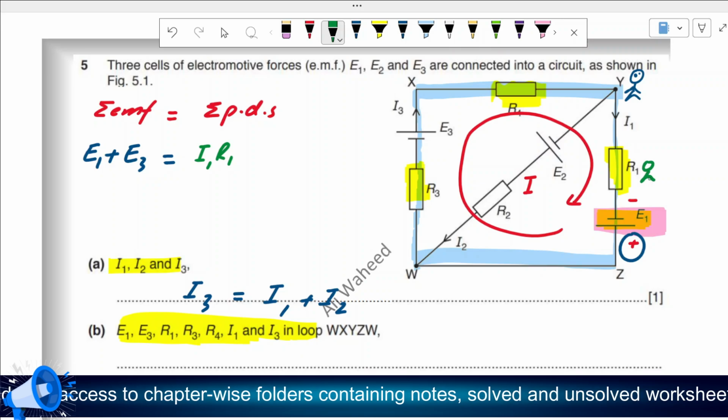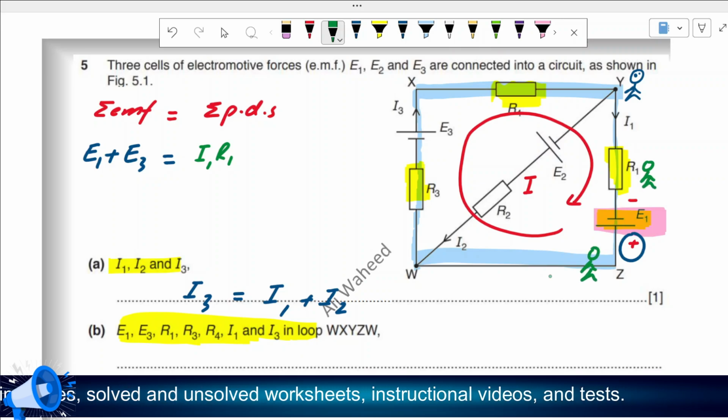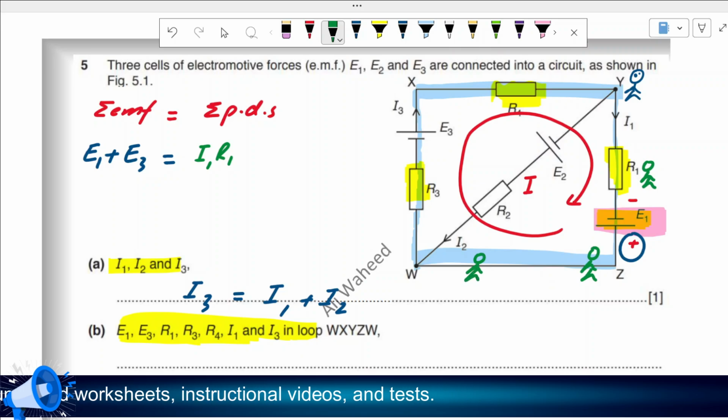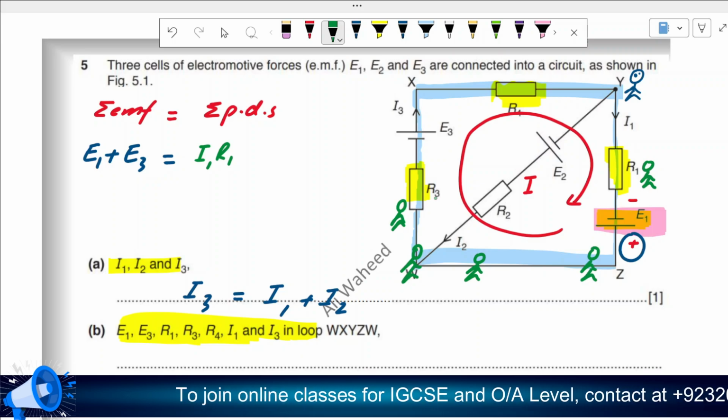So I've gone past this point. I don't have any other resistor here. So I keep walking here. I cannot go in the middle because that's not part of the loop. Then I pass through this one. Now there would be some voltage across R3. What is the potential difference across R3?